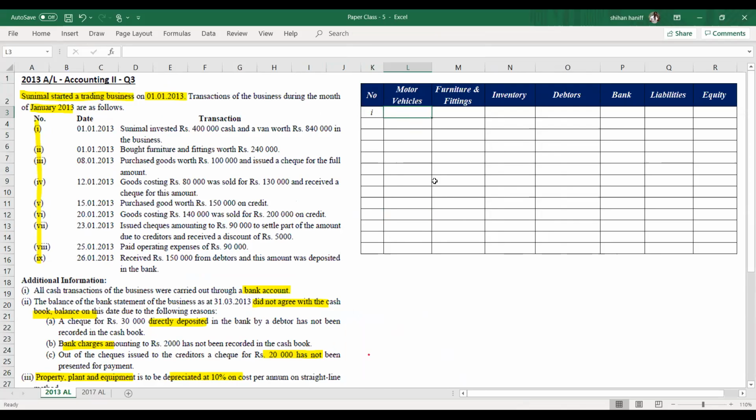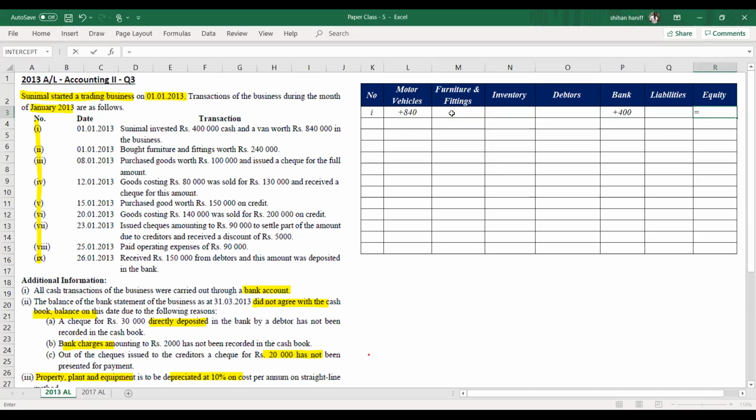2013, Sunimal invested 400,000 cash and a van worth 840,000 in the business. So motor vehicle will increase by 840 and the bank balance will increase by 400.